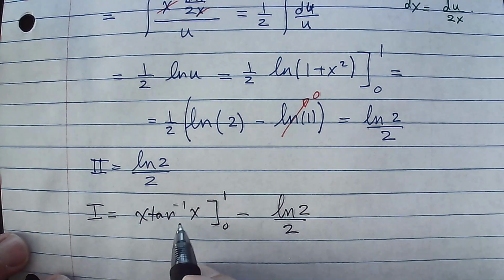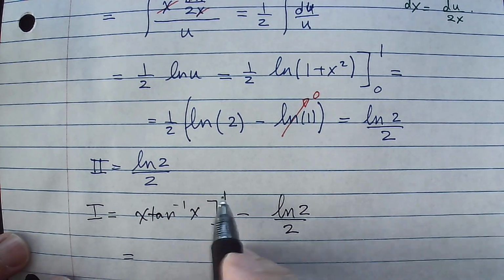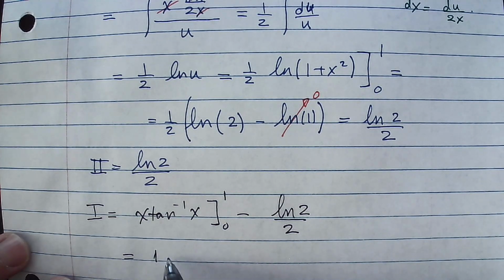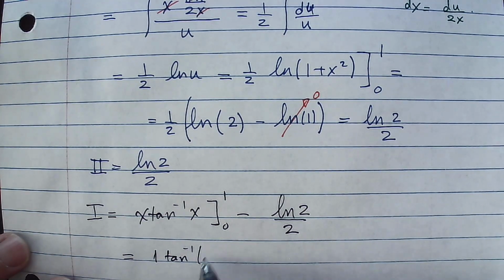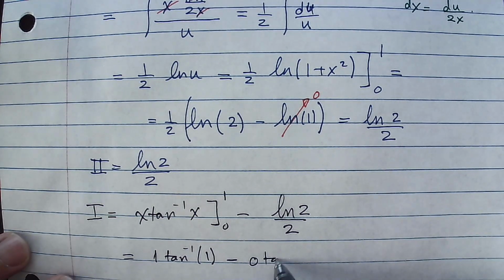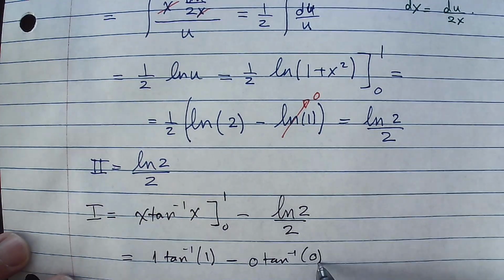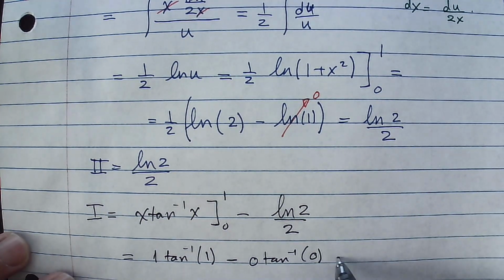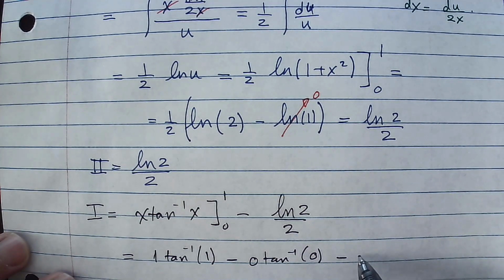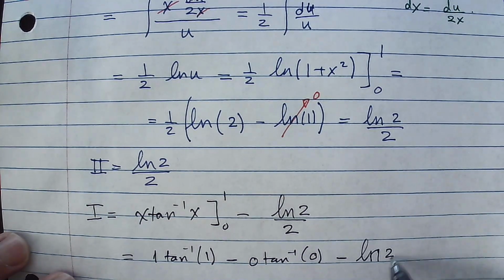Now this one I can substitute 1, so it becomes 1 tan inverse of 1 minus 0 tan inverse of 0, and then minus ln 2 over 2.